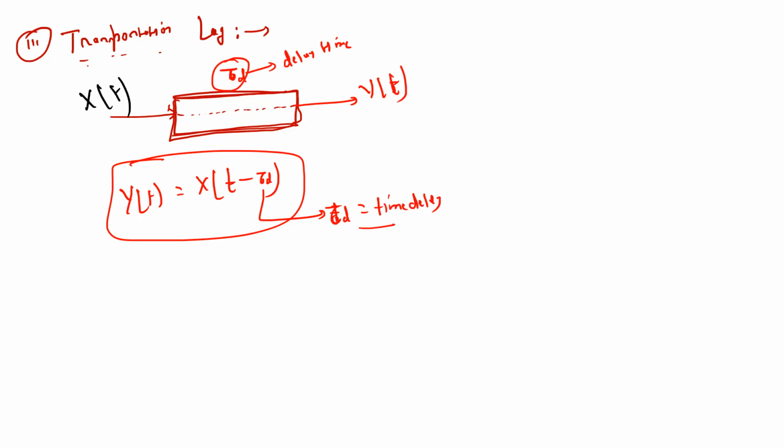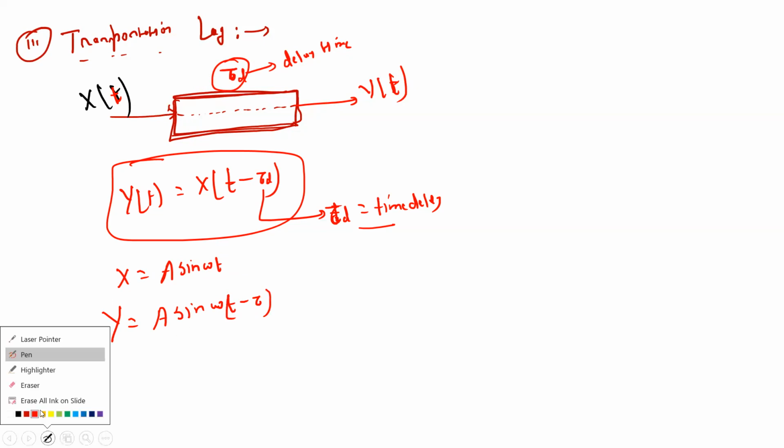After insertion of x(t) at t equals 0, you will get x(t minus tau d) as your output y. Fine. So here your input is x equals A sine omega t. This is your input. So what will be your output y? y is equal to A sine omega (t minus tau d). Are you getting it?